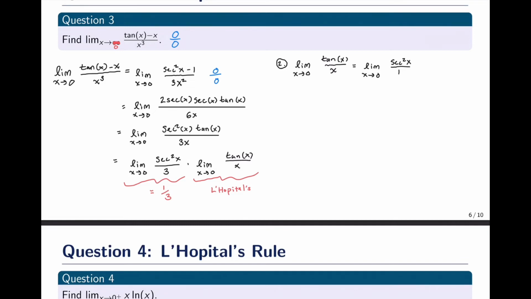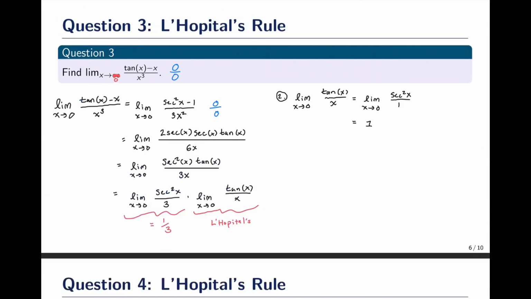And the limit as I send x to 0 of secant squared of x is equal to 1. Right, so you've now found the value of this limit here. It is equal to 1. So the final limit evaluates to 1/3 times 1, which is just 1/3.